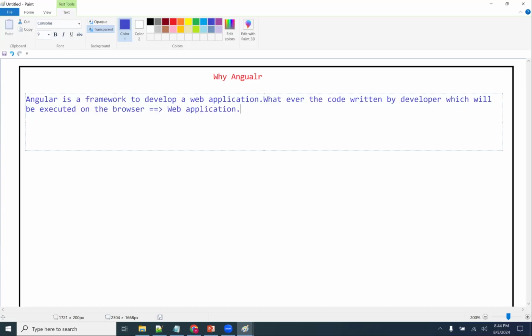That makes sense, right? In a layman's world, in a non-technical world, versus the technical world, there is web server, app server, and a lot of things, which I'm going to discuss further. But typically, a web application means the code written by the developer that is executed on the browser. Now, as I explained, we have a lot of frameworks available.